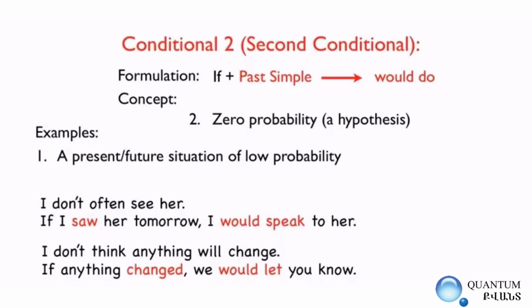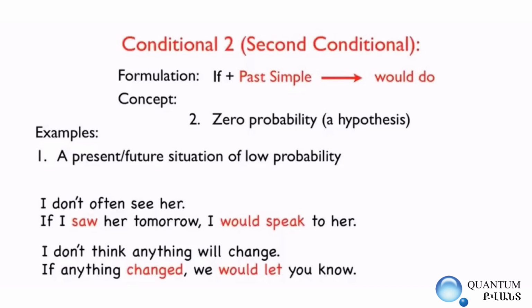Here we are also to remember that the probability is about the action in the if clause, not the other clause, the consequence clause. Now some examples of a present or future situation of low probability.